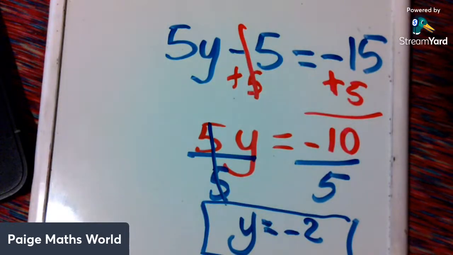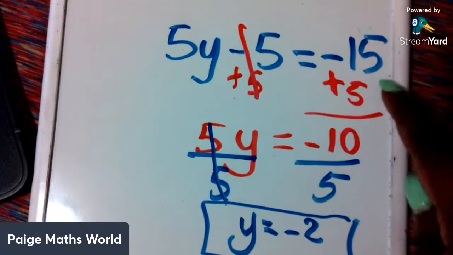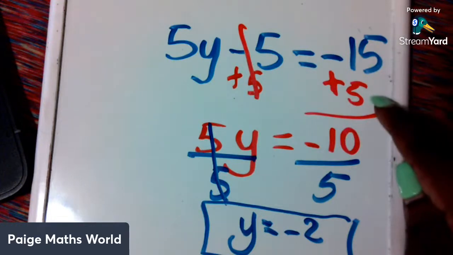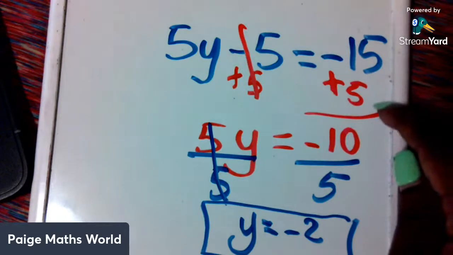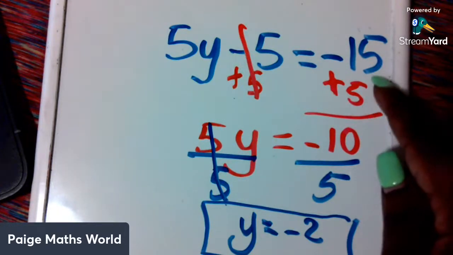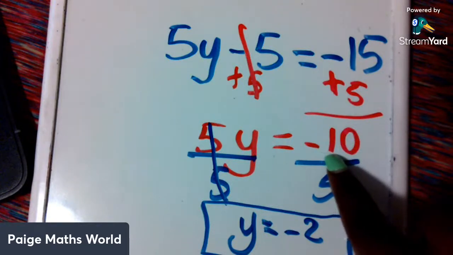Where did you get 4 from, Keisha and Raymond? Remember, it's -15, right? And -15 plus 5, it means you are owing $15 and you have $5. So if you pay back the person that you owe the 15, you're still going to owe them 10, right? So that's our owing of $10.